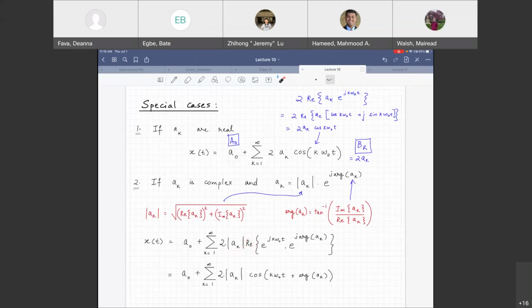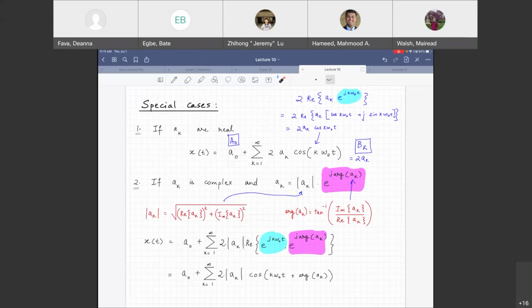It cannot be imaginary. So you can pull it out of the real operator. So this part is left over, and you're also left with the phase term because of this. The only thing that you were able to pull out of that real operator is this magnitude, because that has to be real.